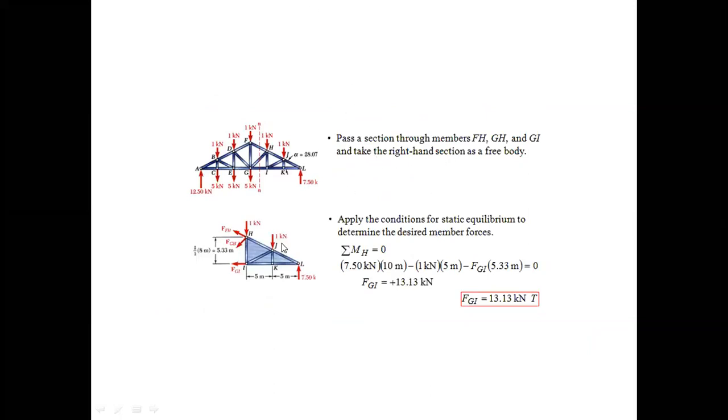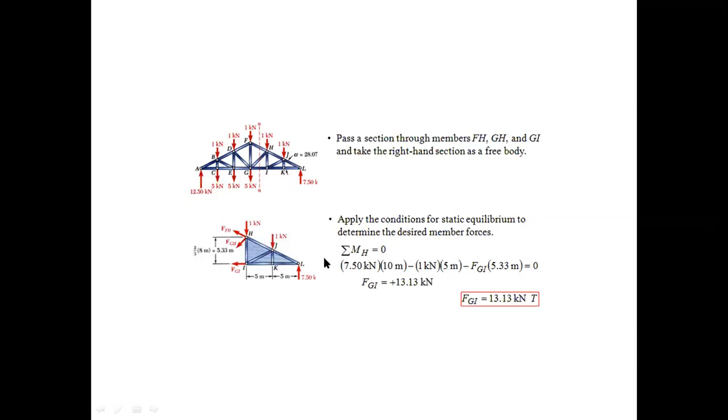Minus, now this 1 kilonewton force is vertically downward, so it is minus 1 kilonewton into this distance 5 meter.